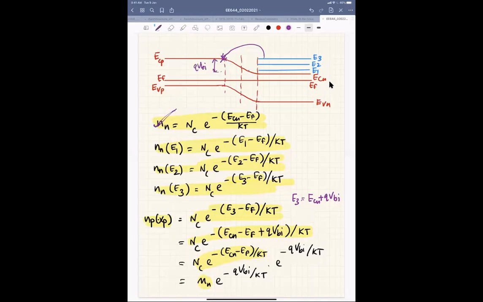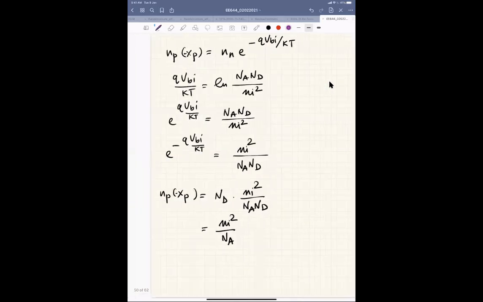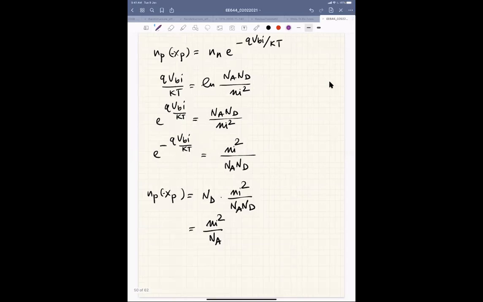Nn is nothing but the concentration of electrons at the bottom of the conduction band times e to the minus qVbi by kT, right? And also I could easily do, right? So I know that now, right?